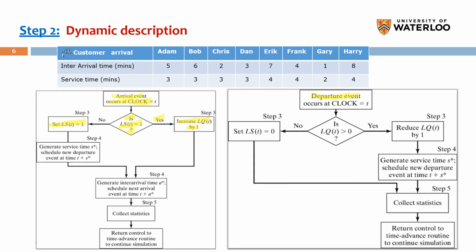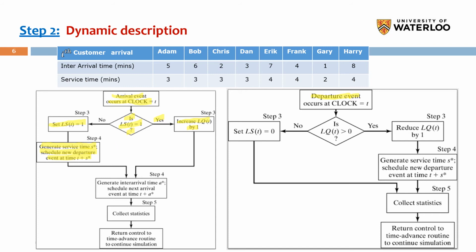Since we just started an activity, starting service means an activity, so we need to obtain its service time. By having the definition for service time, we generate a service time for this service, let's say it's S star, and then T plus S star will be the departure event of this customer.